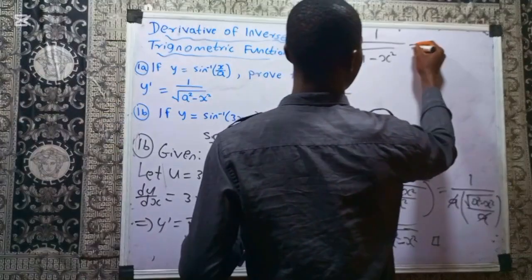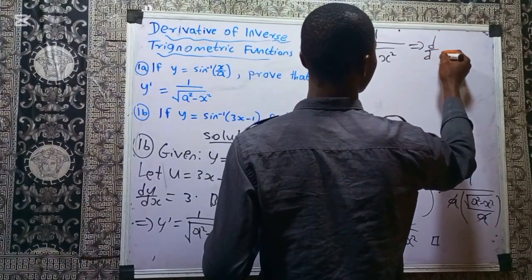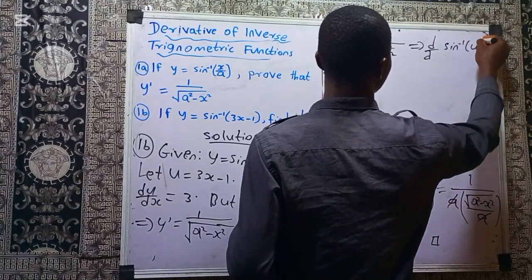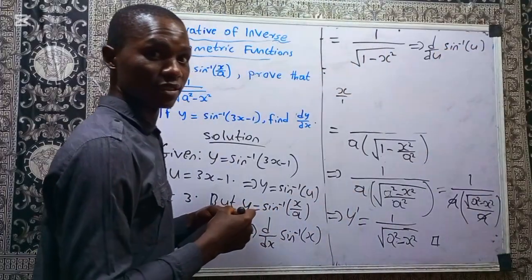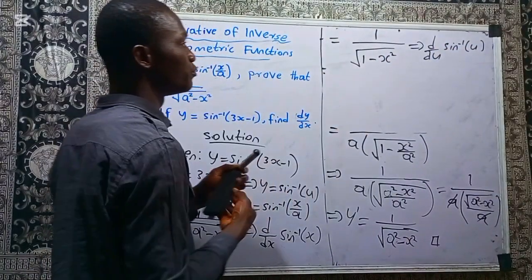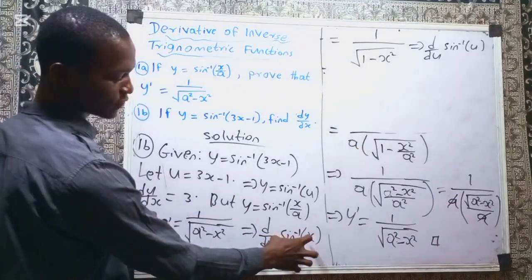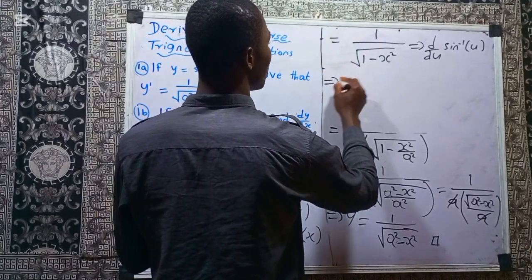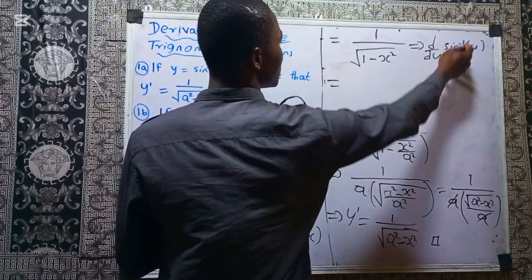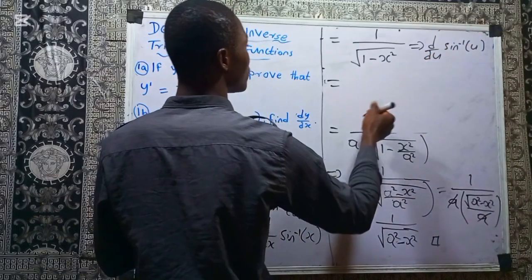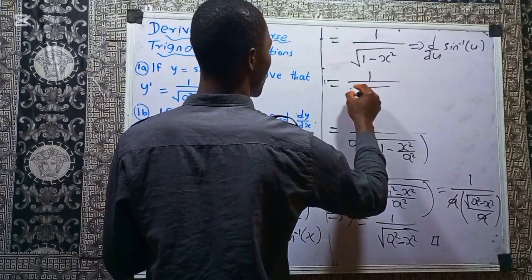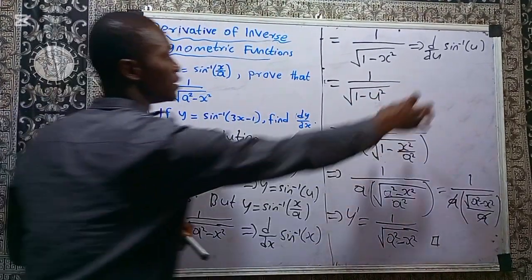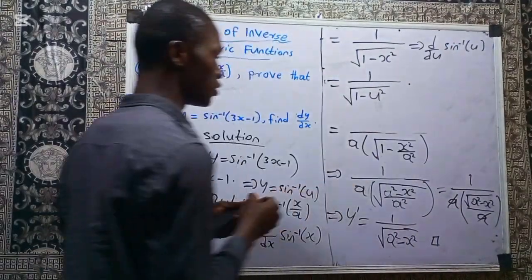So the derivative of sine inverse of u with respect to u, if you mimic what we got for sine inverse of x, will be equal to 1 over square root of 1 minus u squared, right? If you compare this and this, this is what we got.